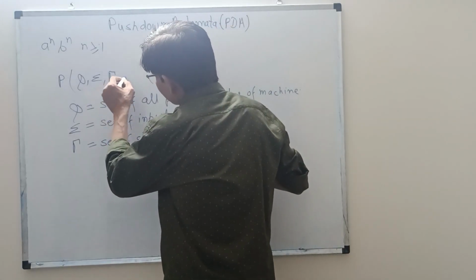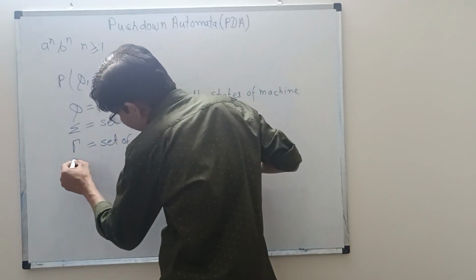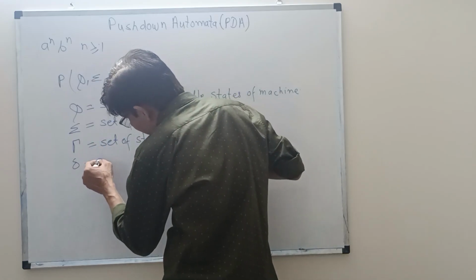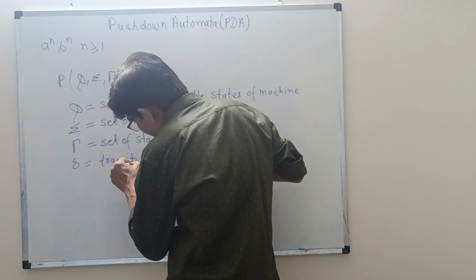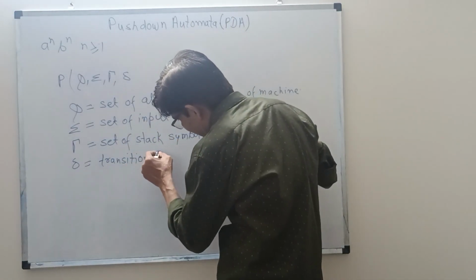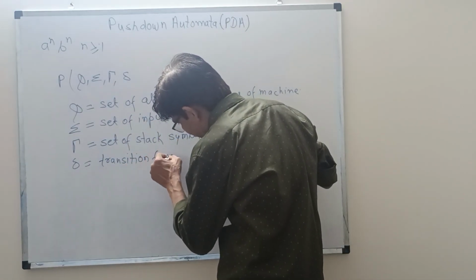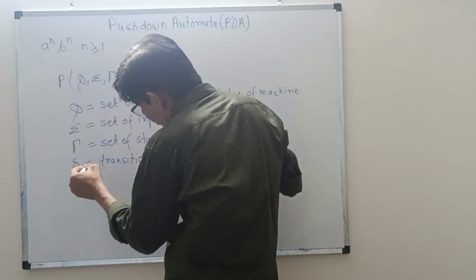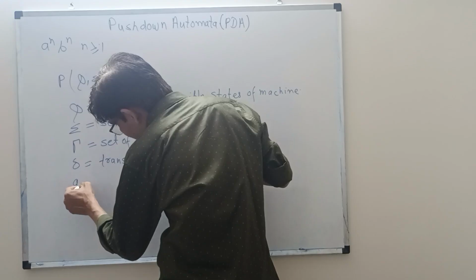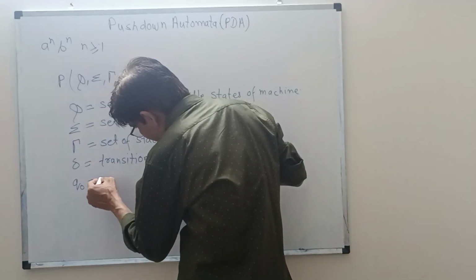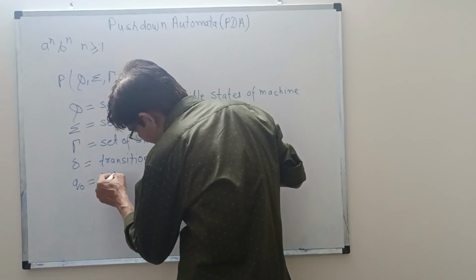Then next is delta, which is the same as the finite automata transition function, but here the transition function will be different from finite automata, which we will discuss in much detail. Then next is Q0. Now Q0 is a single state, not a set, which is the initial state of the PDA.